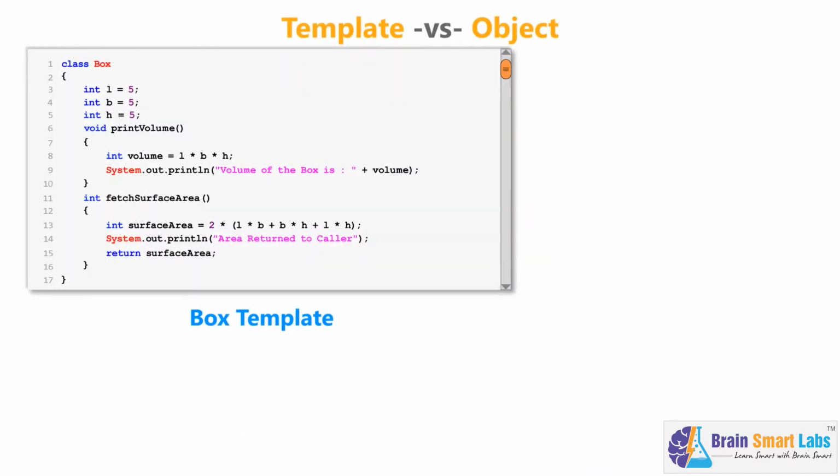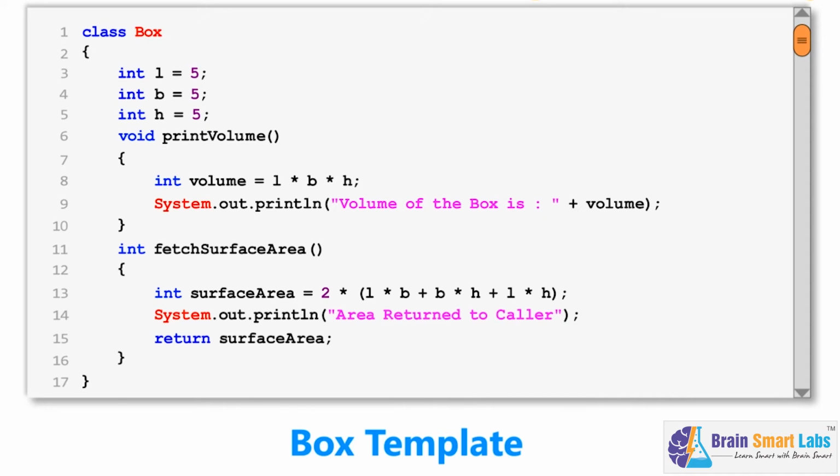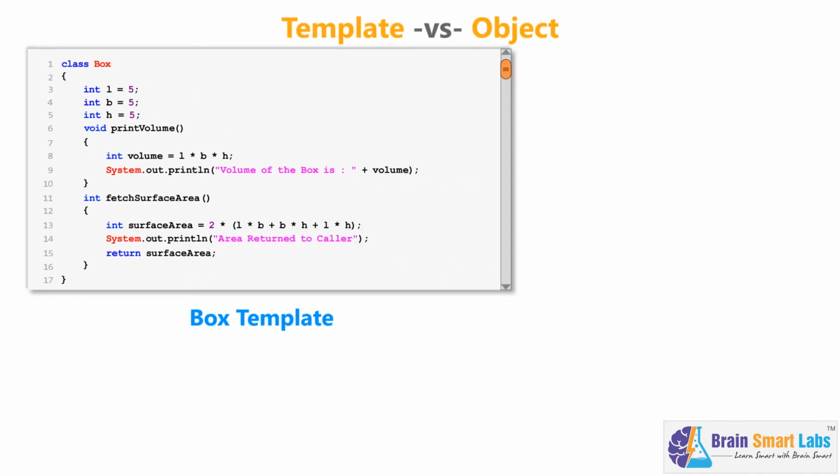Not just the above, there is one more important difference between a template and an object you all need to understand. From here on, the class box that you write as code will be known as the box template, as it contains the blueprint of an object, and this blueprint code cannot be used by us directly.